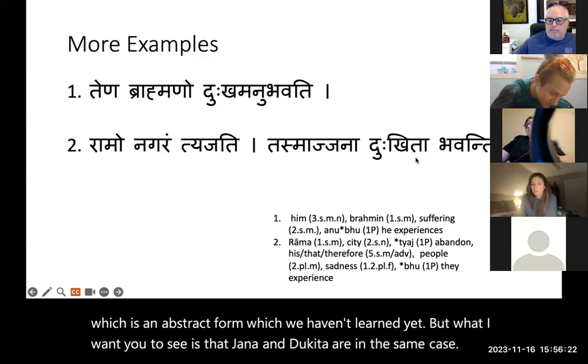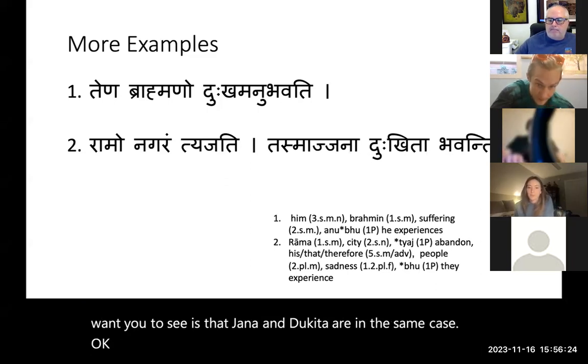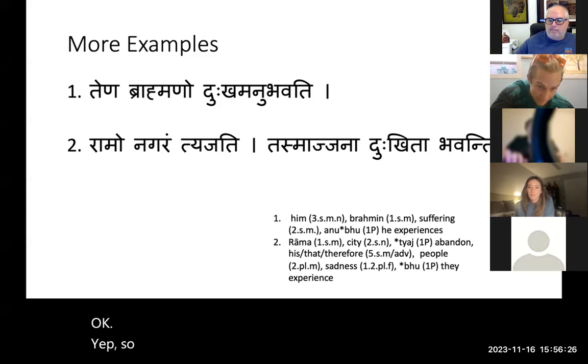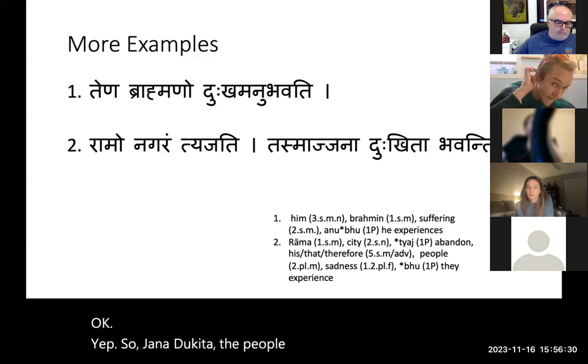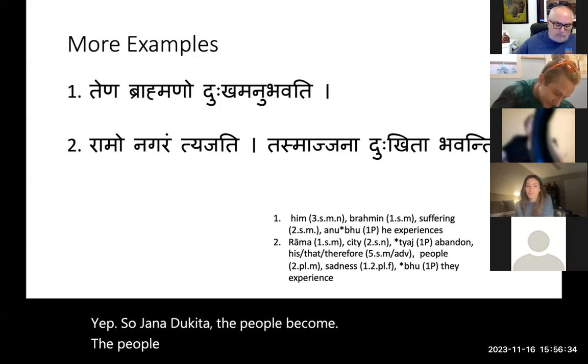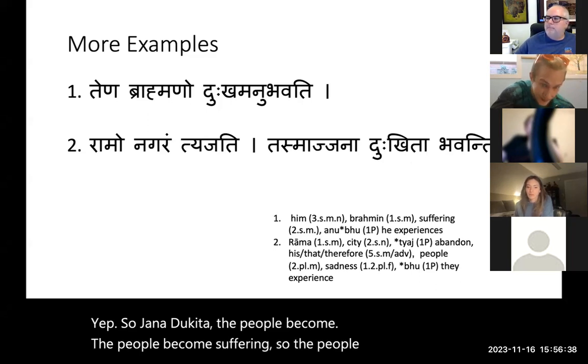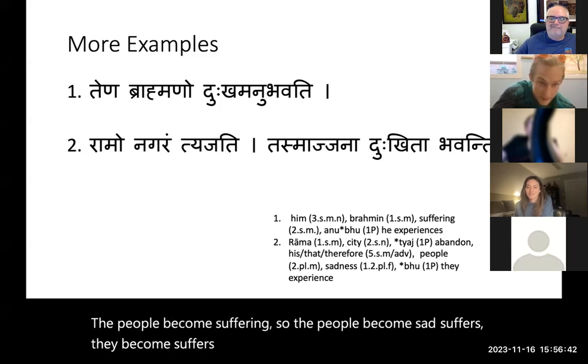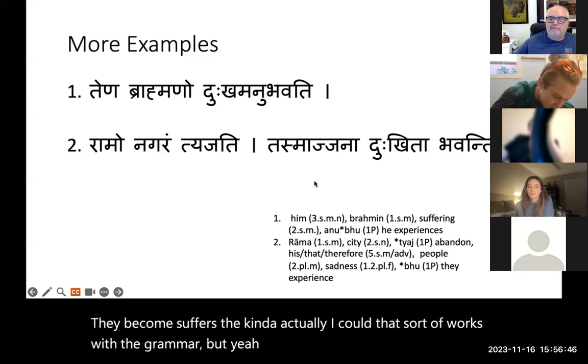So, Jana, Dukkita, the people become suffering. The people become sad. Sufferers. Sad. They become sufferers. Actually, that sort of works with the grammar. But yeah, the people become sad.